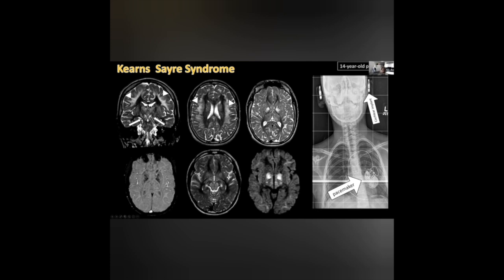Involvement of the basal ganglia, particularly the globus pallidus, sometimes with iron and calcification. You may see increased signal on diffusion and involvement of the brainstem, particularly, as I said, the substantia nigra. Remember that these patients normally have cochlear implant and pacemaker at some point of the disease progression.